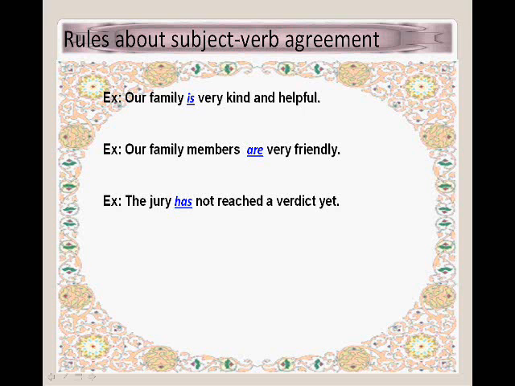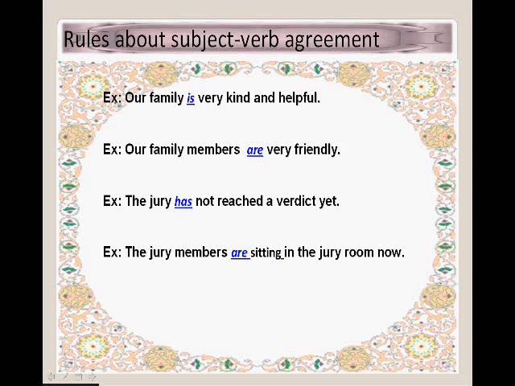Of course, you have juries in Western countries. Verdict can mean the judgment. So the jury has not reached a verdict yet. Here the jury as a group of people as a whole, then the verb has is singular.